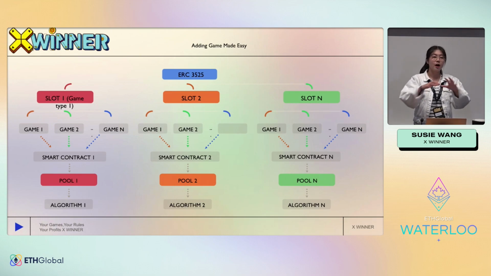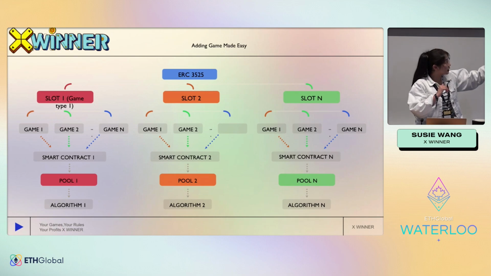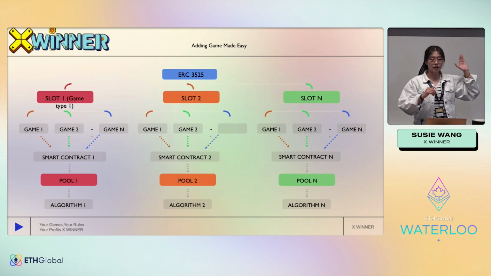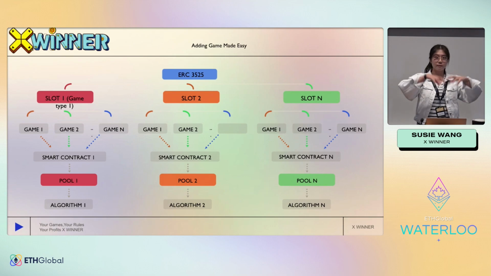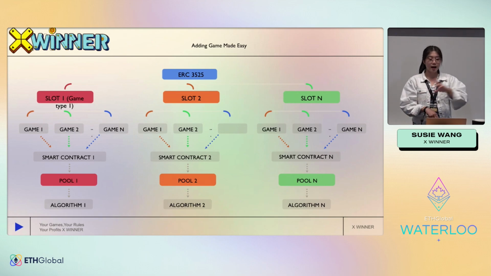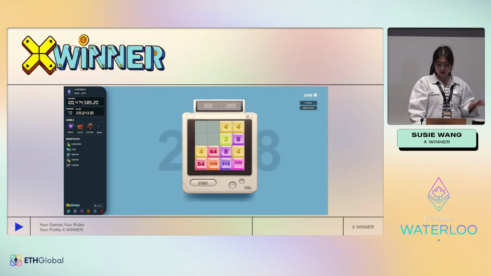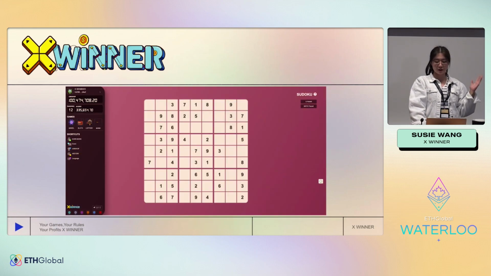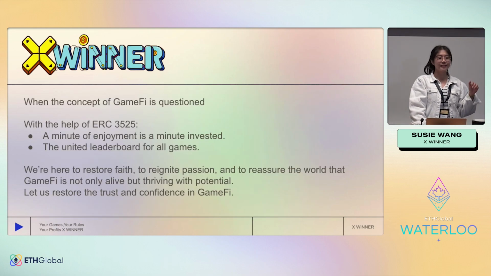So for example, we have maybe puzzle games, we have casual games for slot 1 and slot 2, and there are some games underneath. For example, 2048, we have Sudoku, we have chess under the puzzle game, and we have smart contract attached, pools attached, and algorithm attached. So there are some demos, Sudoku, and Pac-Man.